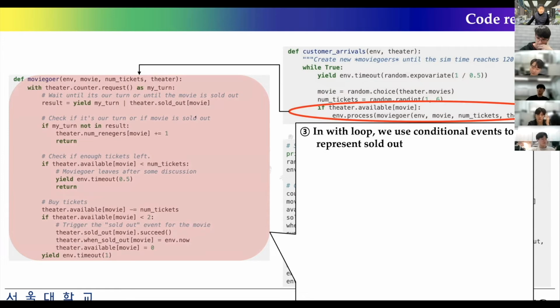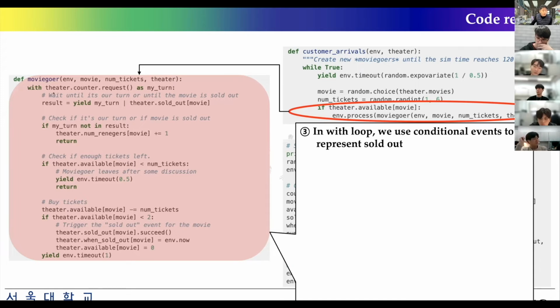Now, let's see the movie goer process with arguments of the kind of movie and the required number of tickets, and also including the theater named tuple variable.